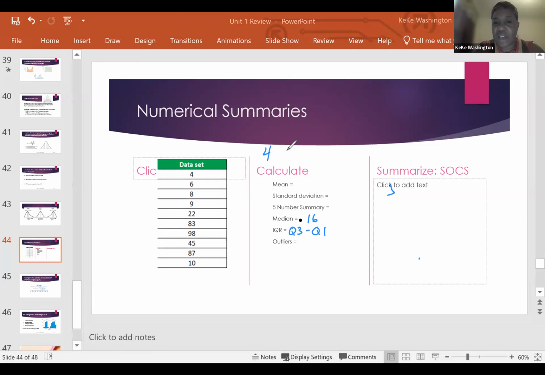So here was my 5-number summary, and again, it's in the order of minimum, Q1, median, Q3, then maximum value. Your Q3 was 83 and your Q1 is 8. So that has a range of 71.